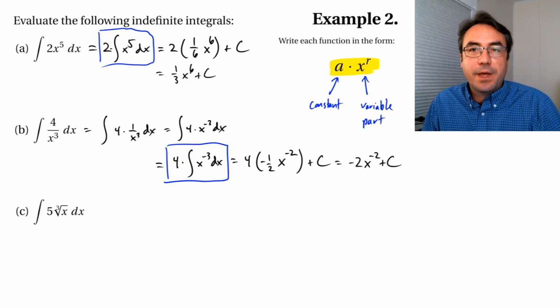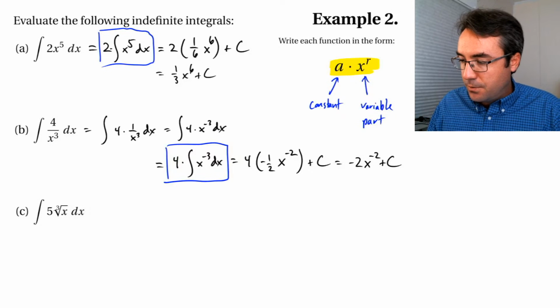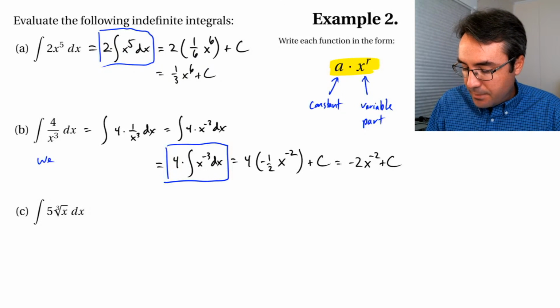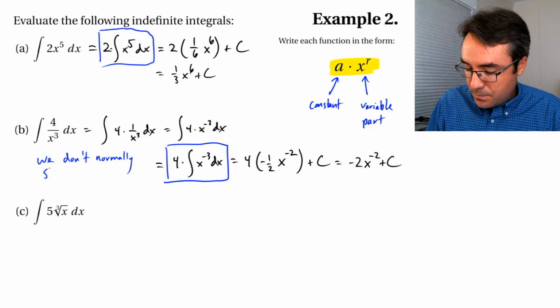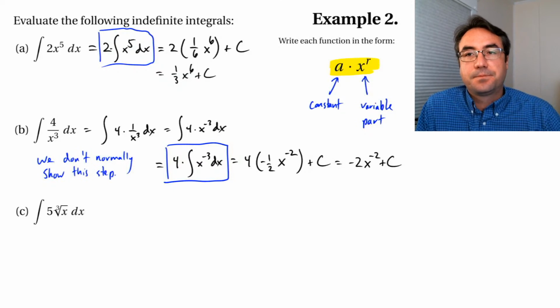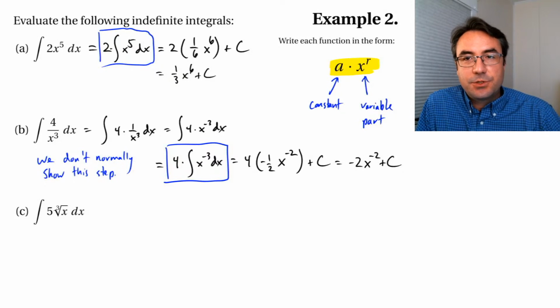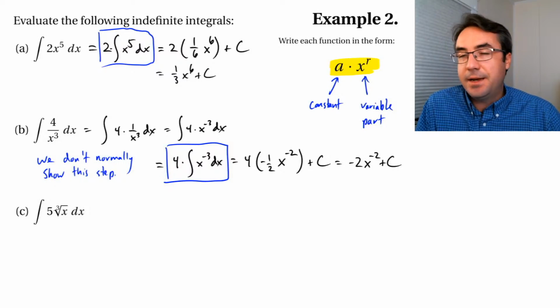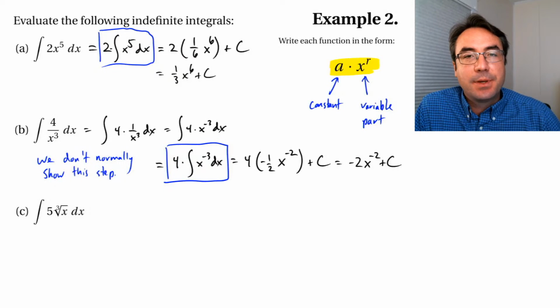We wouldn't really show that step. So once you get the hang of these, you're not going to be showing that on a regular basis. All right, so let's try one more, this time not showing that step.